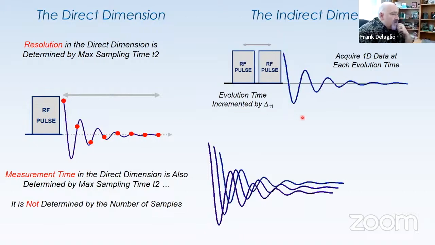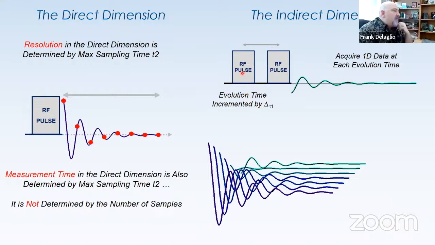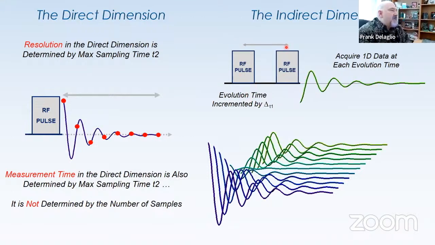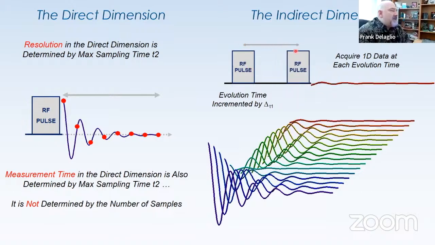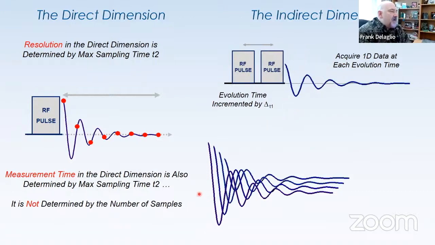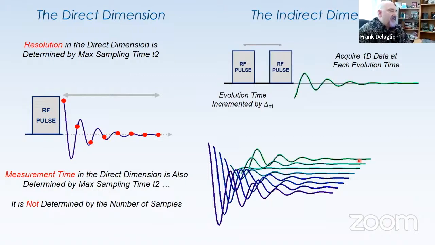In a two-dimensional experiment, somewhere in our pulse sequence, we have a pair of pulses with a delay time between them. And we systematically increment this delay time between the pulses. And at each one of these delay times, we acquire another one-dimensional experiment.